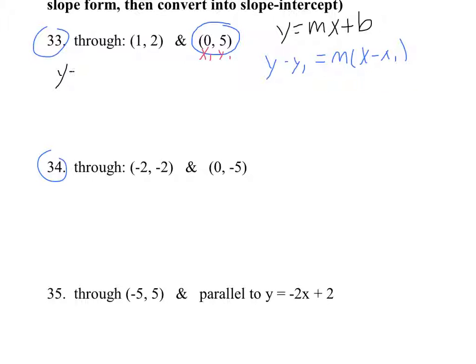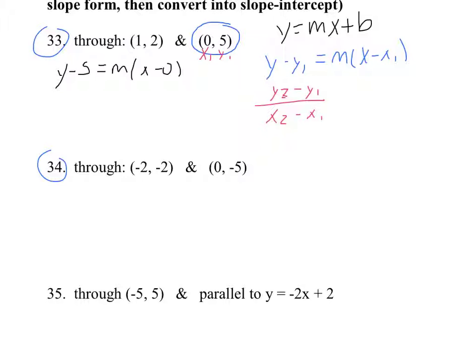y minus 5 equals m and then x minus 0. Now I don't know slope here, so I have to use these 2 coordinates and use the slope formula, which is y2 minus y1 over x2 minus x1.